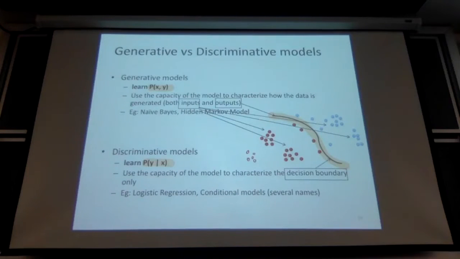Now, if you're learning P of x, y, usually this boils down into learning P of x given y and P of y separately. Whereas here, you just learn P of y given x.